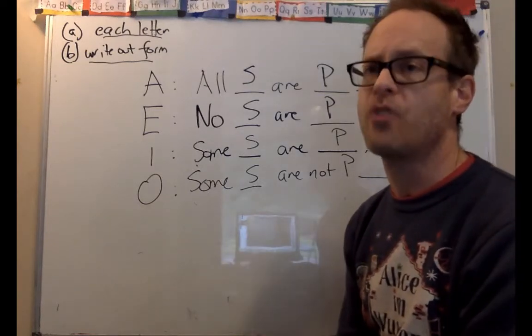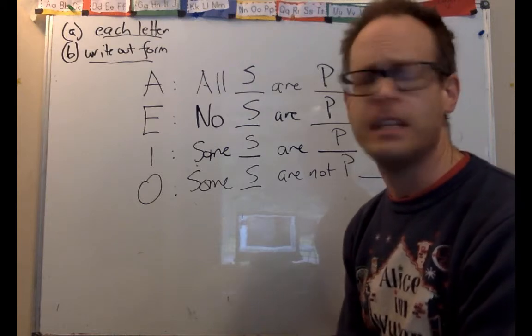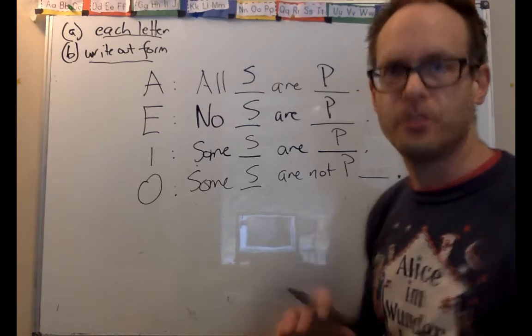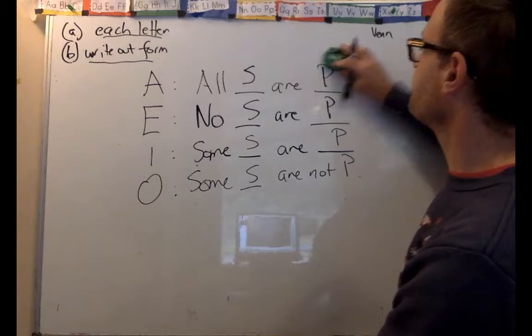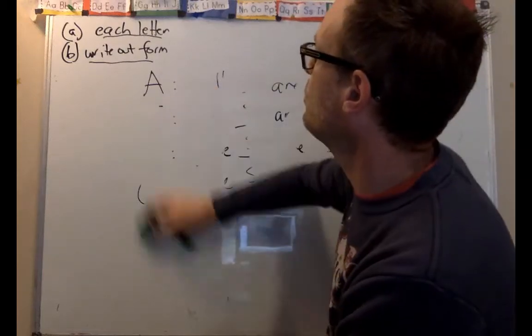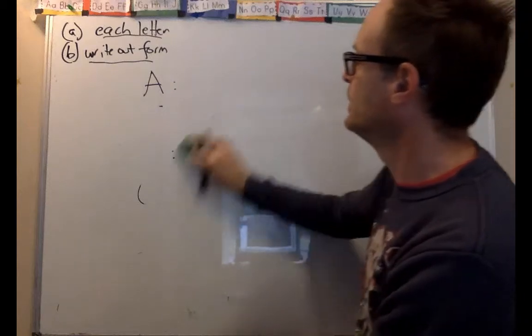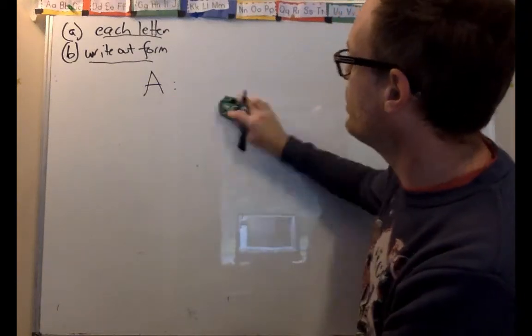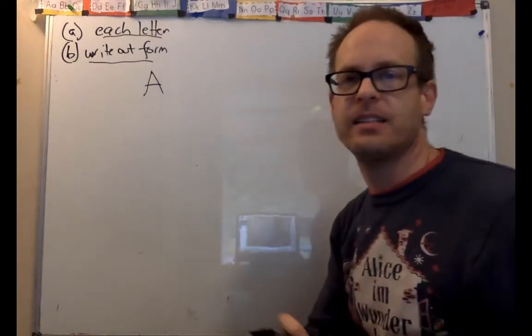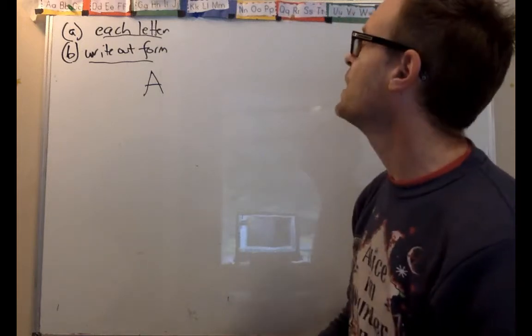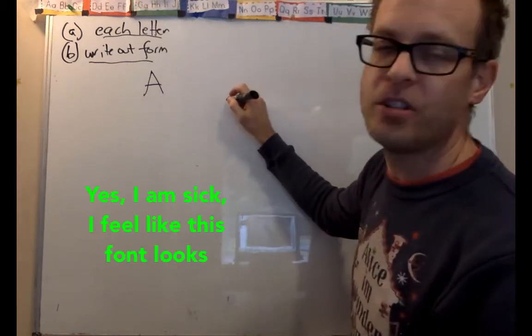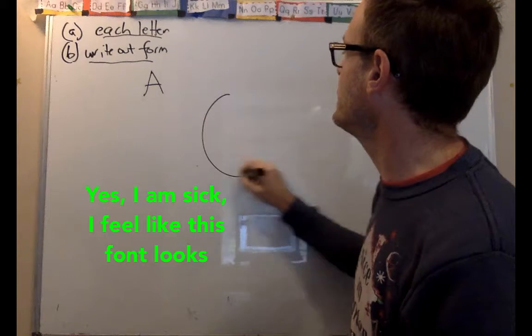The next part is going to be drawing a Venn diagram for each statement. So I'll do that real quick. Remember, there's only one super trick to this, and that is that the part that you shade in is the part that is empty.